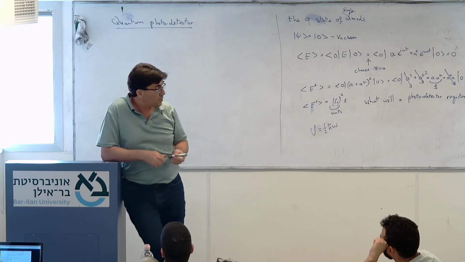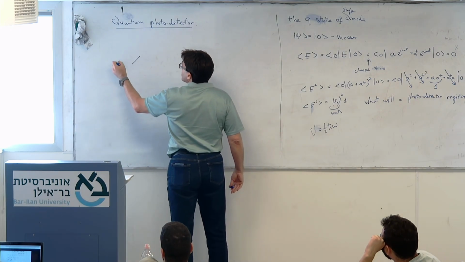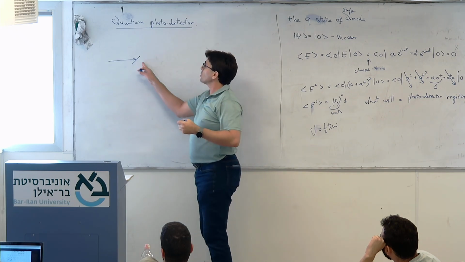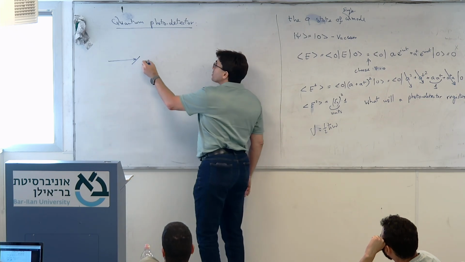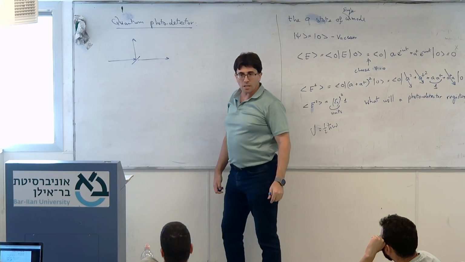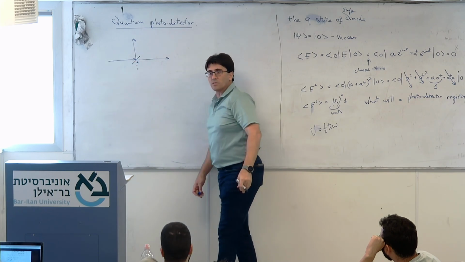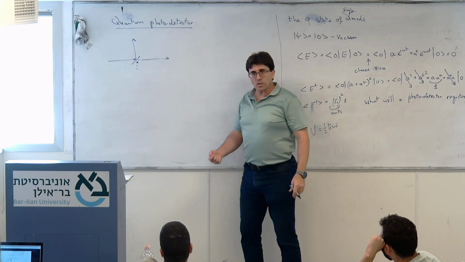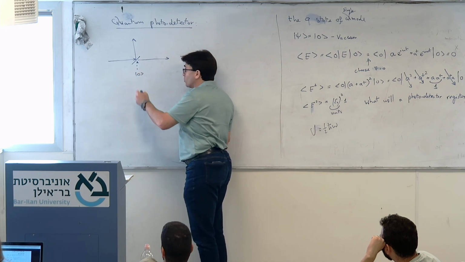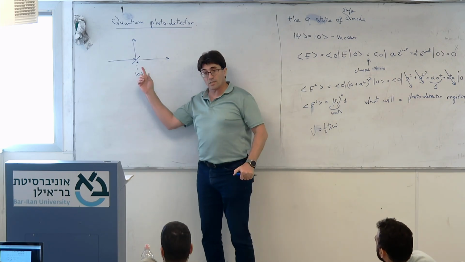For example, if I take a beam splitter and I shine light on it from here, some light will go here and some light will go there. Classically, you just disregard what comes from the other side, because nothing comes from there. But what actually comes, in the case that nothing comes, is vacuum. Vacuum enters the beam splitter from that side.